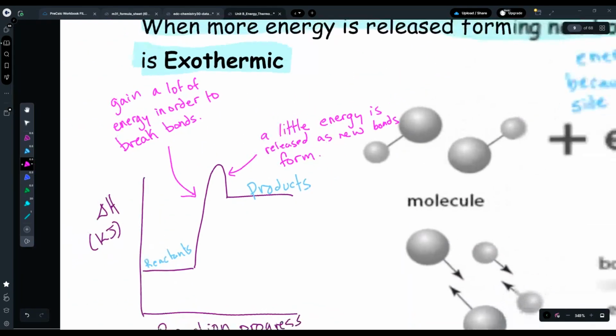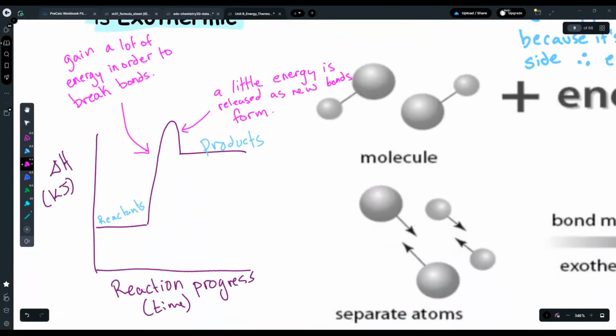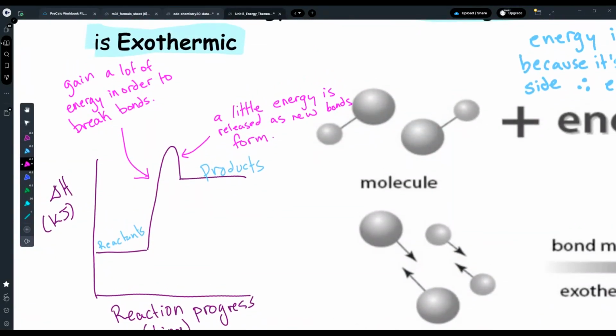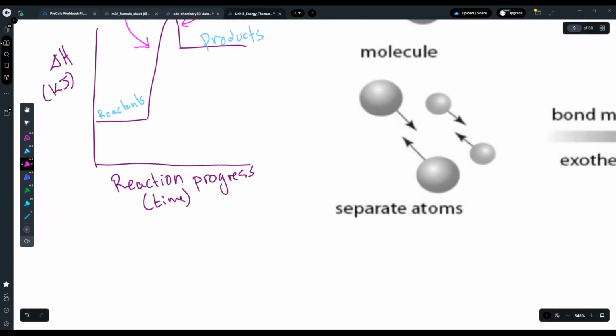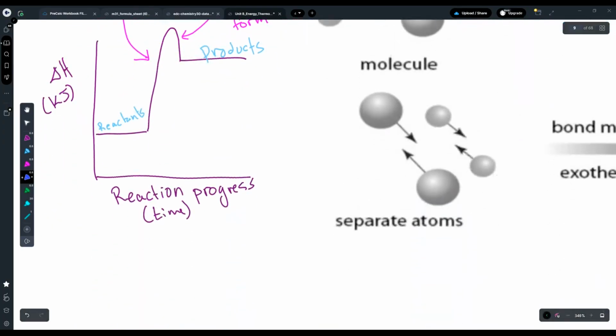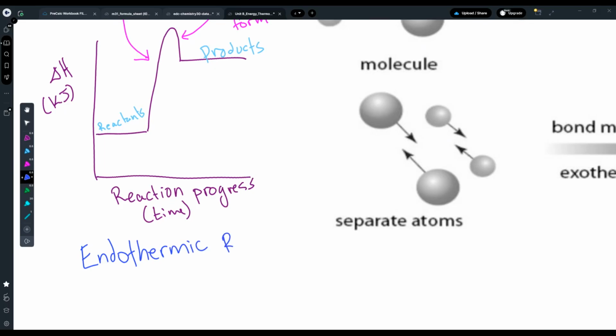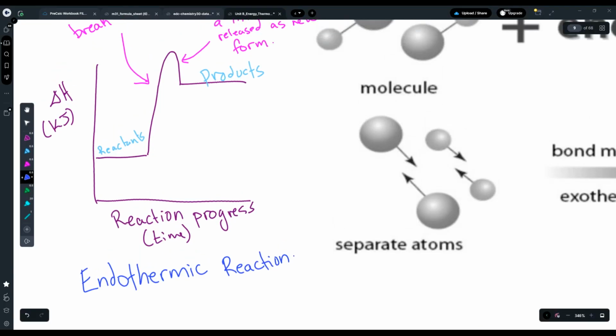Okay, so I guess I'll have to put my title for this graph. I'll have to put it down below, unfortunately, because I ran out of room at the top. So this is an endothermic reaction. Okay, now for endothermic reactions, the products are always going to have more potential energy than the reactants.